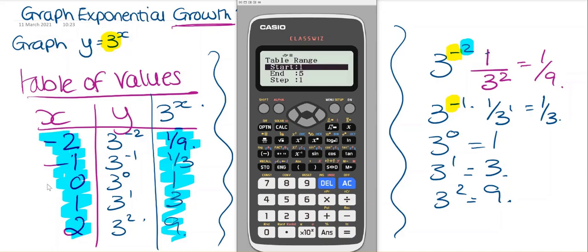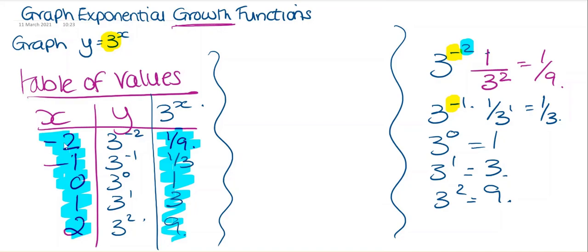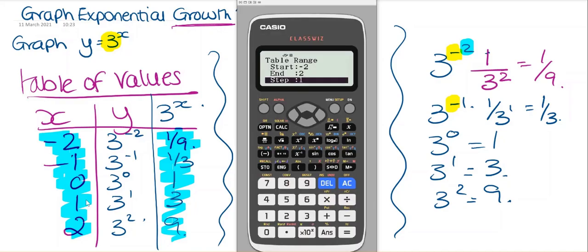And then it says start. Now in my table I've got -2, so I'm going to put in -2, equals. Then end. So my table goes up to 2, so I'm going to just put 2. And the step, the difference between my points here, is just 1, so step is 1. And equals, and now it's given me a table of values.